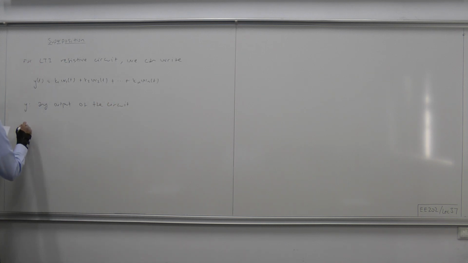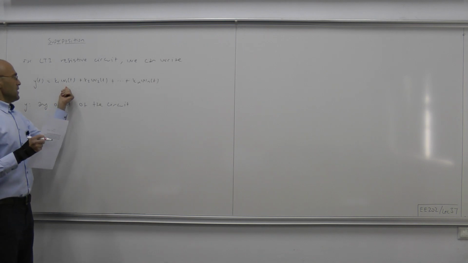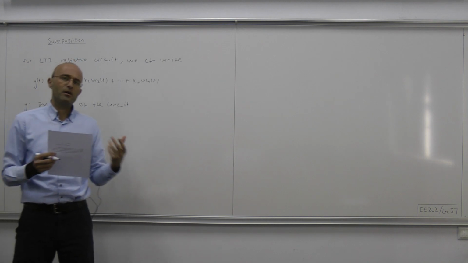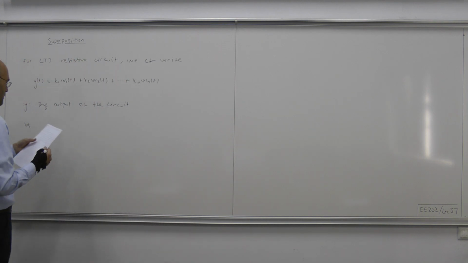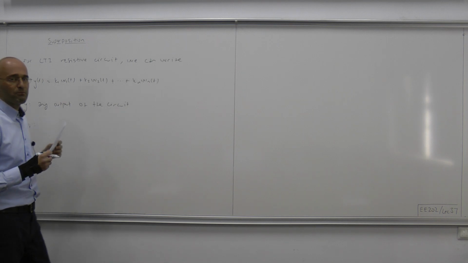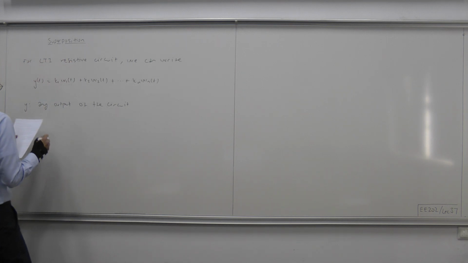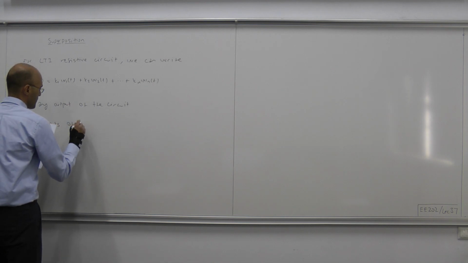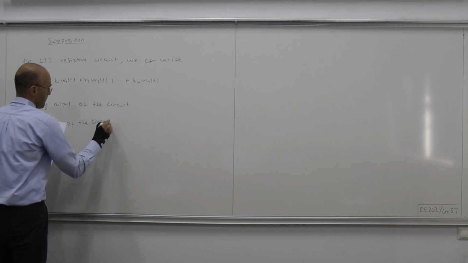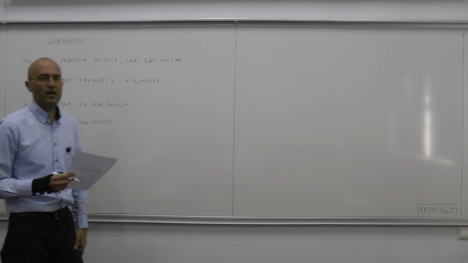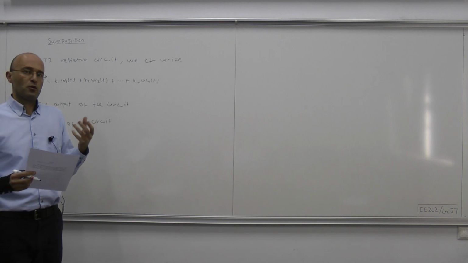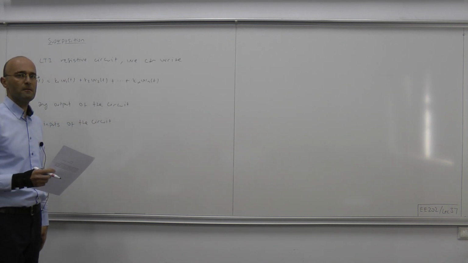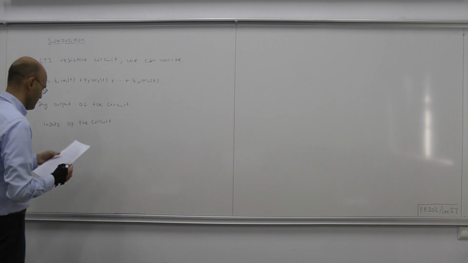Okay, and these Wi, they are the currents and voltages of the independent sources, and those we call the inputs of the circuit. Namely, the voltages of the independent voltage sources and the currents of the independent current sources.